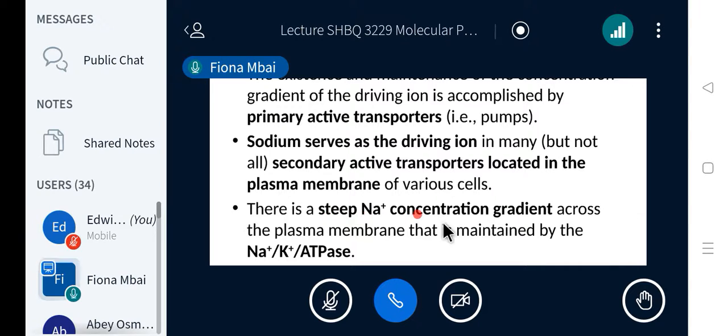There is a steep sodium concentration gradient across the plasma membrane that is maintained by the sodium potassium ATPase. So this is a combination. It's a protein that binds sodium, potassium, and the enzyme that is used to break down ATP. And this is called the sodium potassium ATPase pump. Okay? I think you need to take this because we'll be talking about the sodium potassium ATPase pump for quite a bit later on. Let's lay the groundwork.